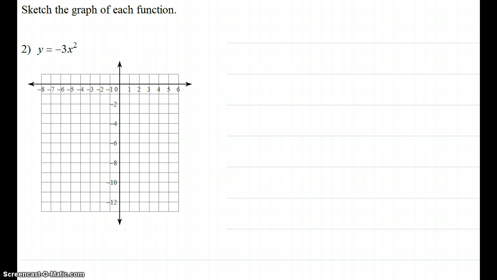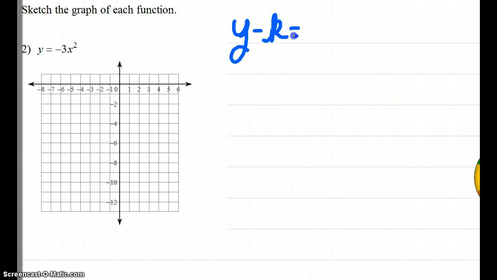So standard form of a parabola is going to look very similar. If you will write down your standard form, we'll have y minus k equals a times parentheses x minus h quantity squared.